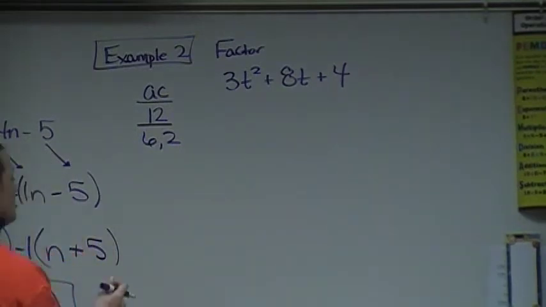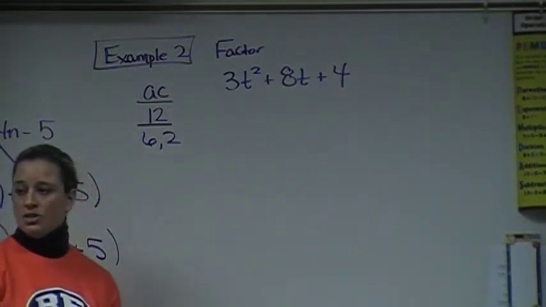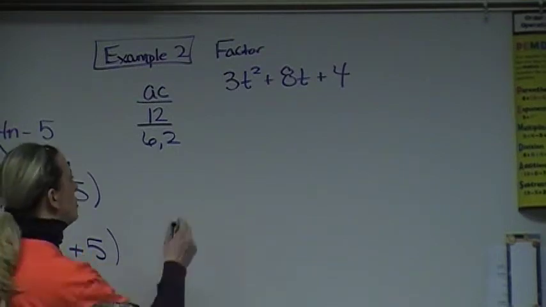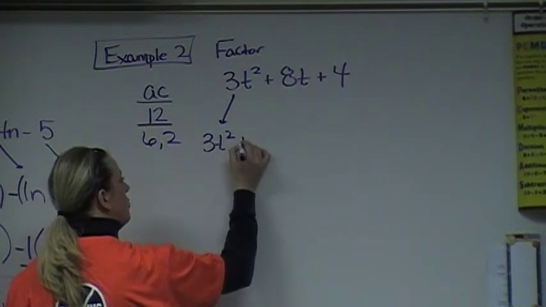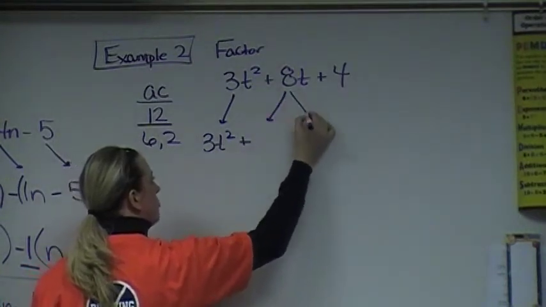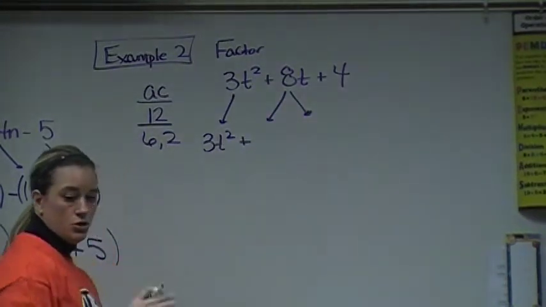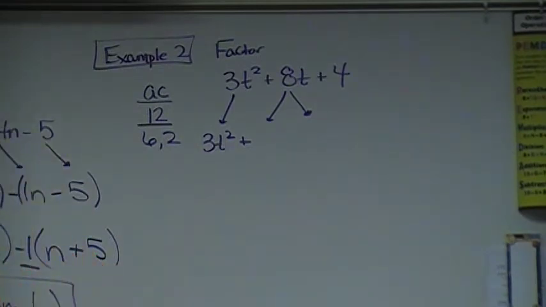Okay, all right. So what do we do first, guys? Bring down what term first? The 3t squared. And then what do we do with the 8t? Break it up into two what? The two factors, right? What are we going to write down? 6t, right?